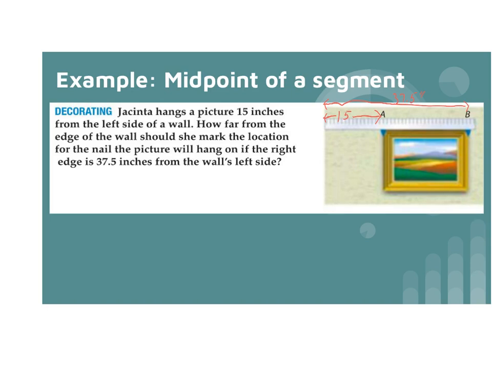So again, if we want to find the midpoint, so the picture will hang straight and be where we want it to be, we're going to do x1 plus x2 divided by 2, which is equal to 15 plus 37.5 divided by 2, which is equal to 52.5 divided by 2, which is equal again to 26.25.